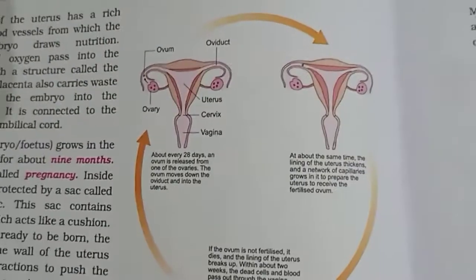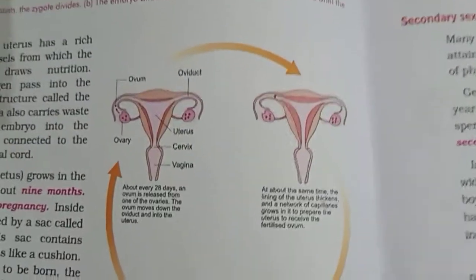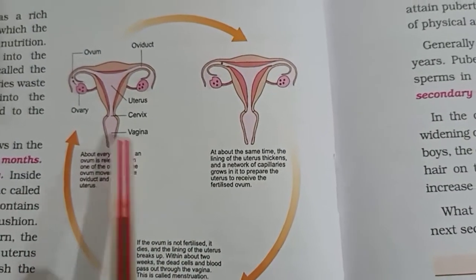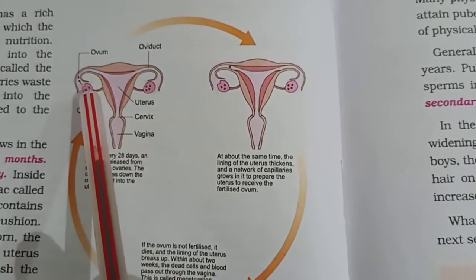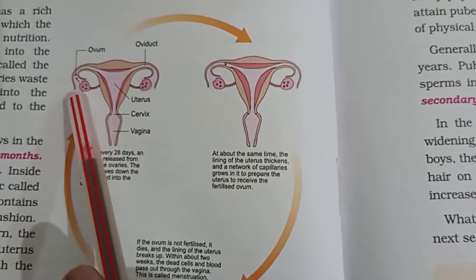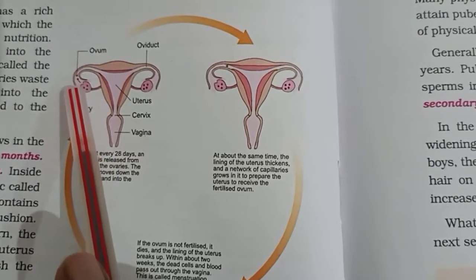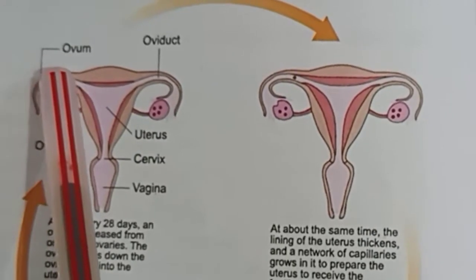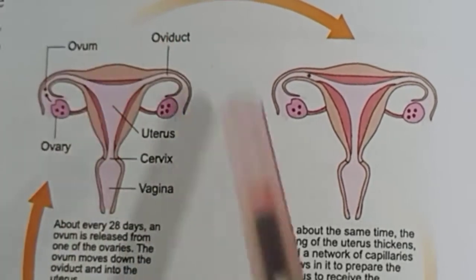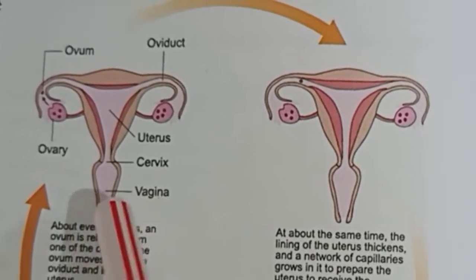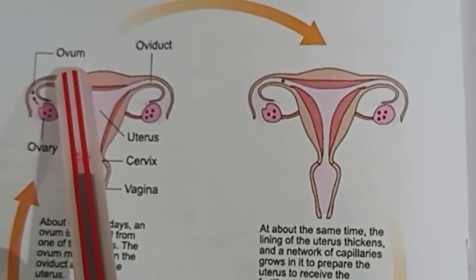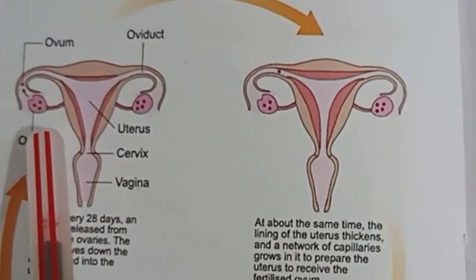See here in this diagram, the menstrual cycle has been shown to us. About every 28 days, an egg is released from the ovary, and it reaches here in the fallopian tube or the oviduct, and then it waits for the sperm to come through the vagina for fertilization to occur.